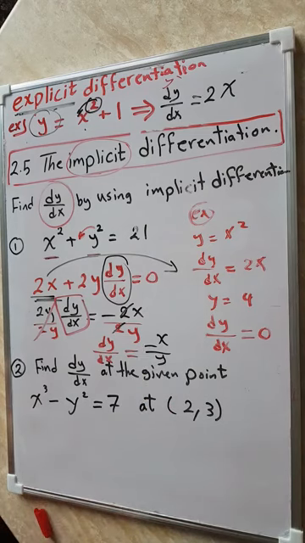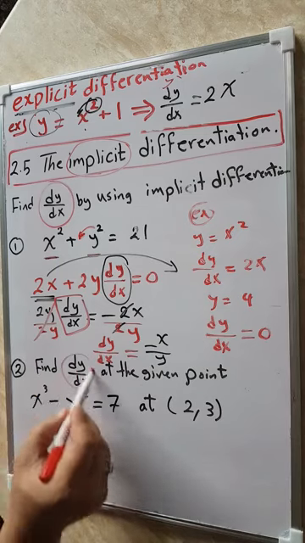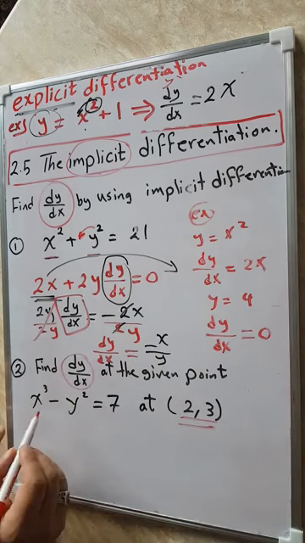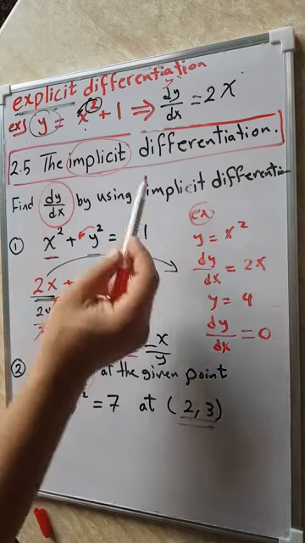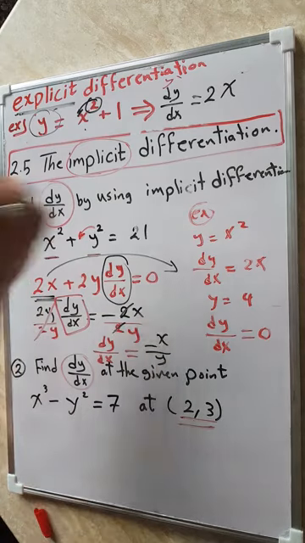Here, we have the same question, find dy over dx, but we have a point. We will follow the same steps. To find dy over dx by the implicit differentiation, which means I will derive both x and y, not like the old one.